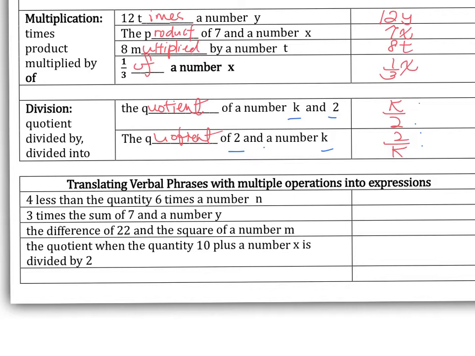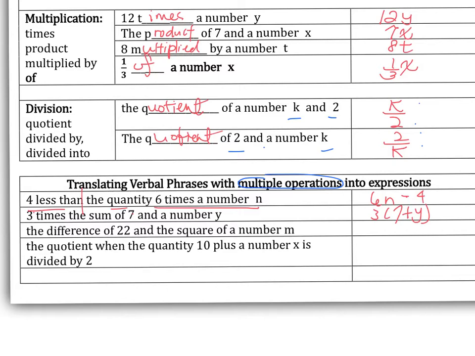Translating verbal phrases with multiple operations into expressions. These are just a little bit trickier. 4 less than the quantity of 6 times a number n. So for less than, 6n minus 4. 3 times the sum of 7 and a number y.